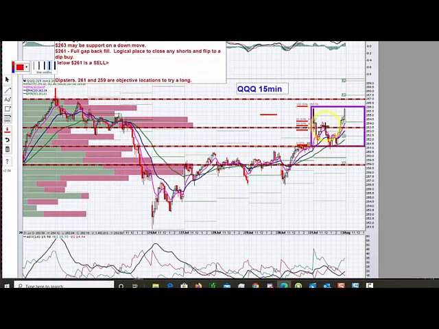Gave you 3 bars, 3 topping tails, where you could have entered short. Let me move this over here. Let's say you did that. Placing your stop just above your entry, and you got a push down again to this 261 level where there was support. Did a little double bottom.